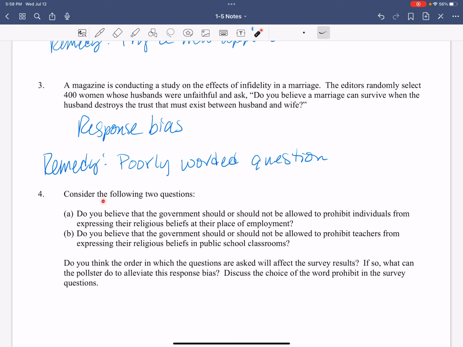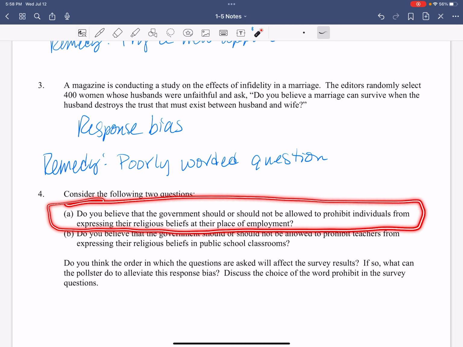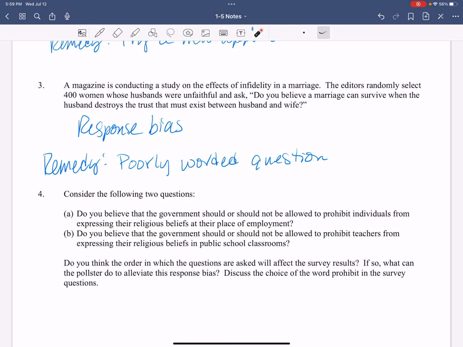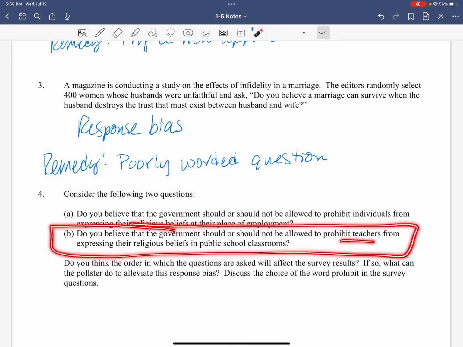Now look at what's happening. So this first one is good and generic. You're saying, do you believe the government should or should not be allowed to prohibit individuals from expressing their beliefs? Some people may say, no, it's their beliefs and their place of employment. But then you say, should they prohibit teachers who are individuals in their place of employment?